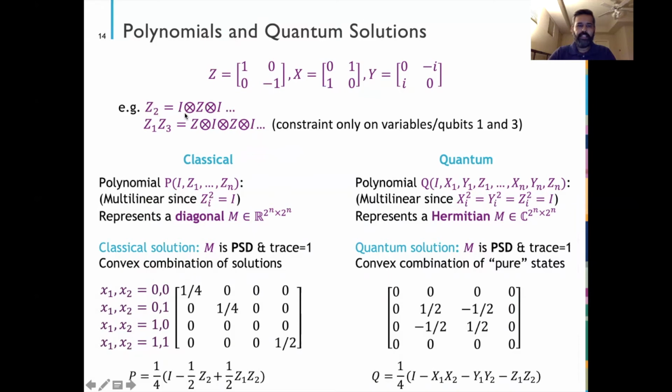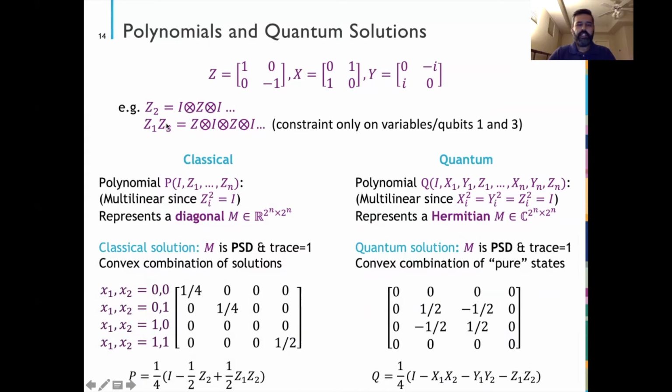Formally, it's the tensor product of a bunch of identities and the Z matrix in the second spot, corresponding to the second qubit. We can also do higher order products. For example, Z1 times Z3 is just Z1, which has a Z on the first spot and identities everywhere else, times Z3, which has a Z in the third spot and identities everywhere else.